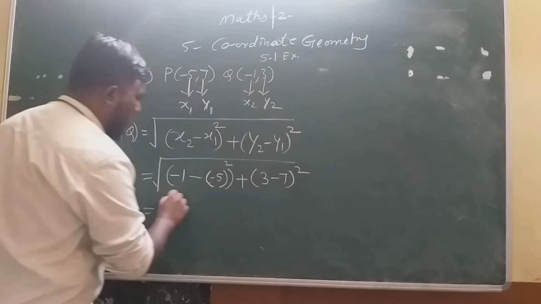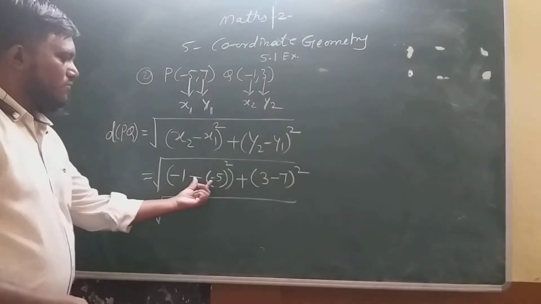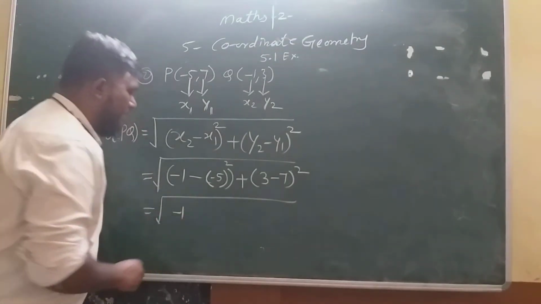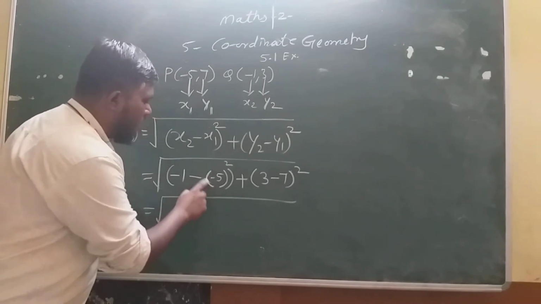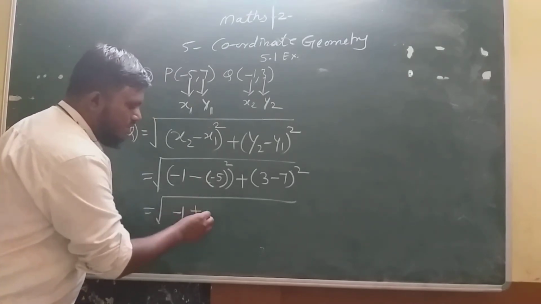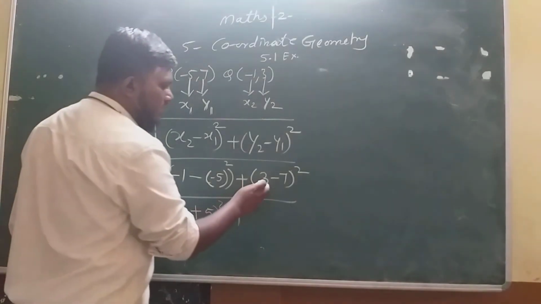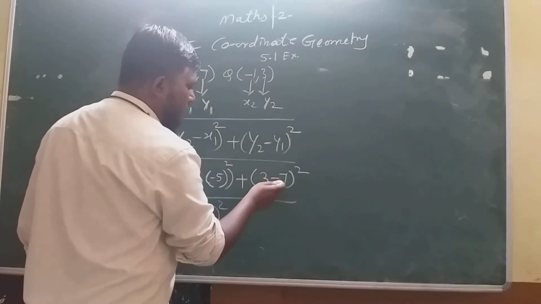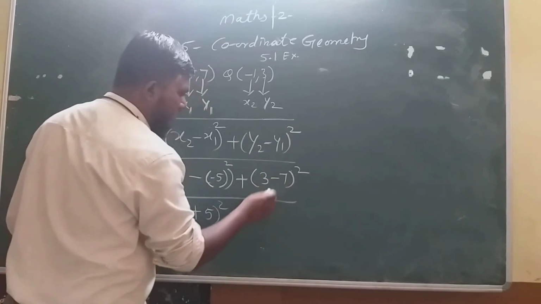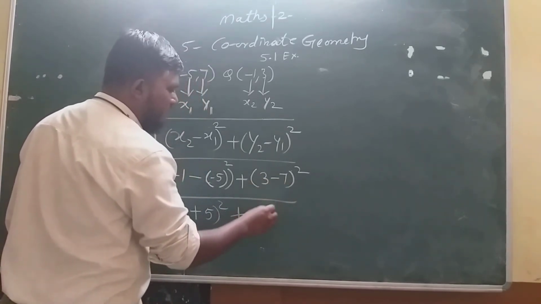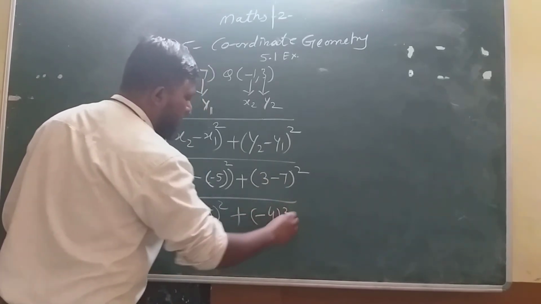Now another thing is what? First of all we have to solve this. Minus 1 keep as it is. This minus, when we open the bracket, minus becomes plus 5, and square, plus 3 minus 7. So we'll do minus, and 7 minus 3, the bigger number is having minus sign, that will be minus 4 and square.